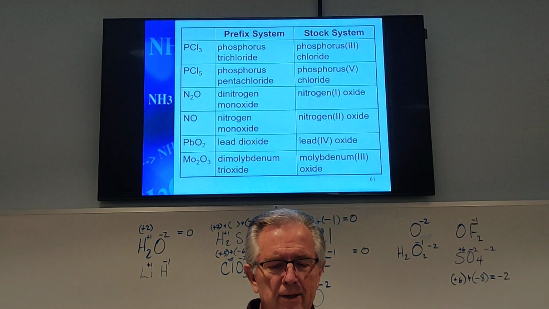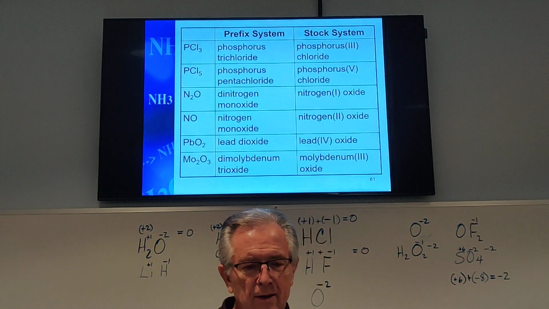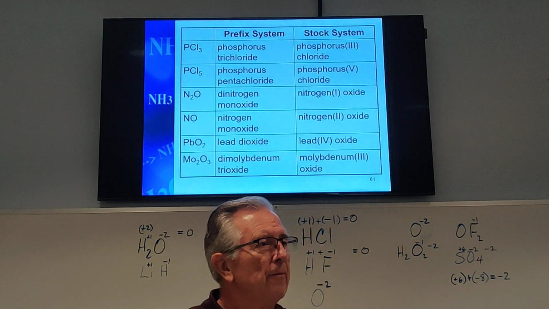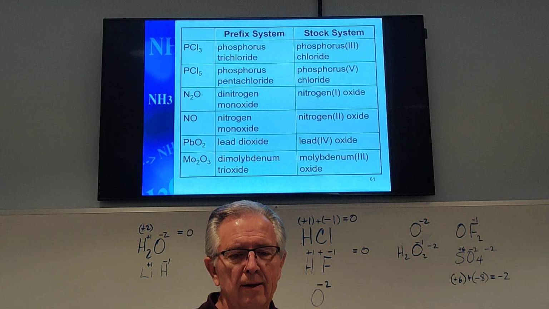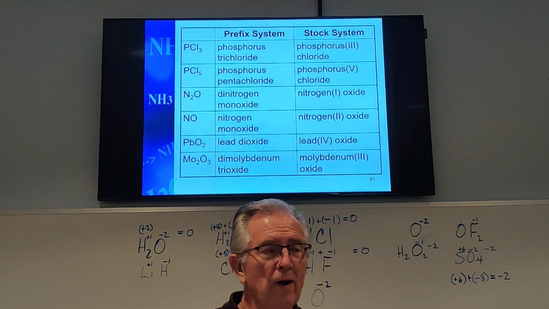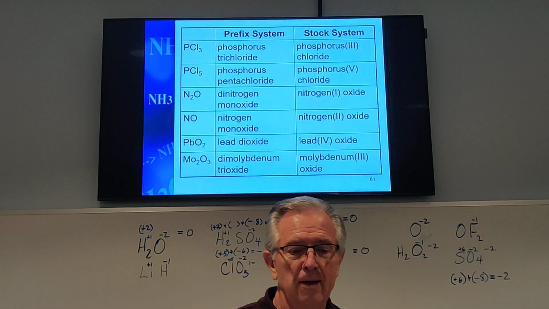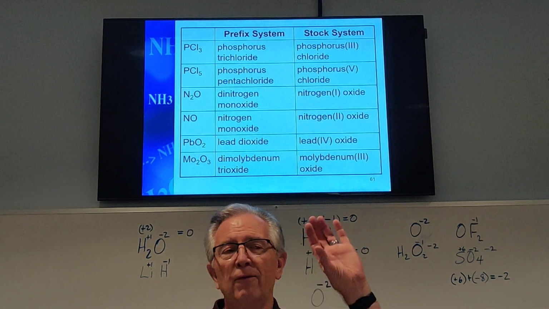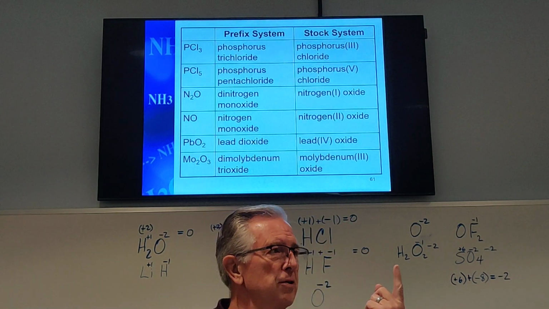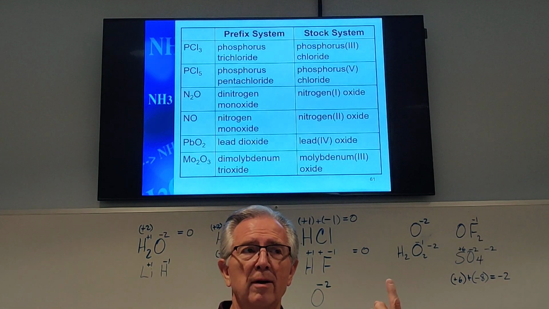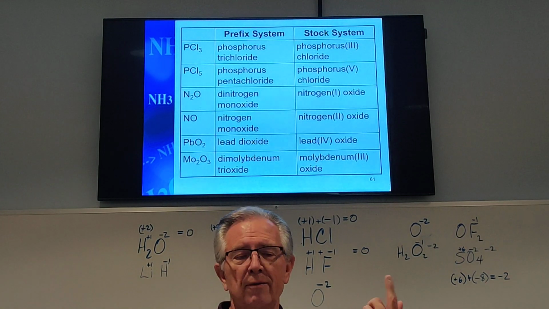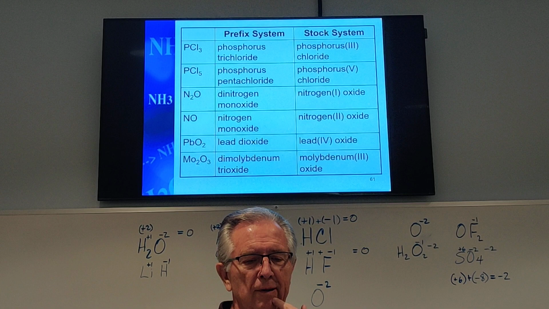So here is just a list of compounds, and the 2 different ways that we could name them. Okay? The first one, if I use the prefixes, remember that if the first element is just a single one, I don't have to use a prefix for the first name. Only if there's more than one do I have to say something about that.